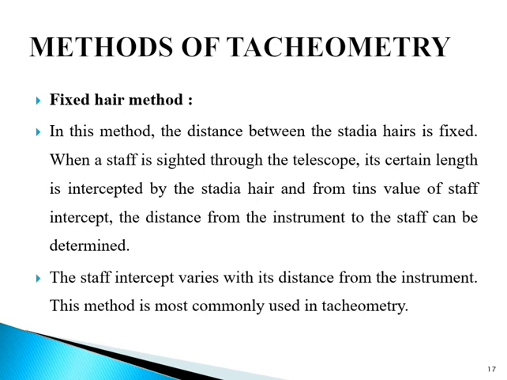When a staff is sighted through the telescope, a certain length is intercepted by the stadia hairs, and from this value of staff intercept, the distance from the instrument to the staff can be determined. The staff intercept varies with its distance from the instrument. This method is most commonly used in tachometry.